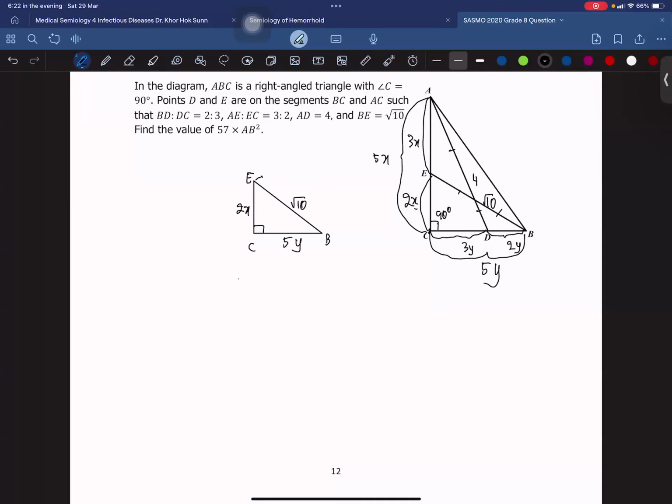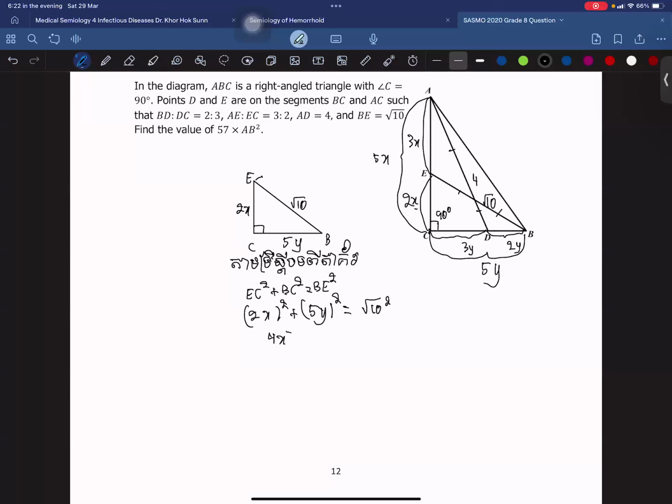Okay, so according to Pythagoras, we have EC squared plus BC squared equal to BE squared, which is (2x) squared plus (5y) squared equal to square root 10 squared.